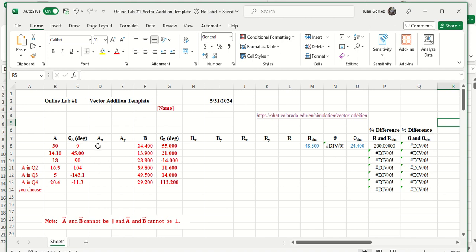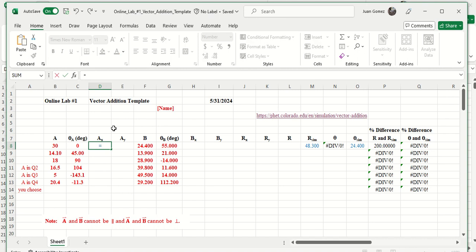But now we need to calculate first AX and AY, then BX and BY, then RX and RY, and then R and theta. So how do we calculate AX? Remember, AX is the magnitude of A times the cosine of theta A. In this column, in that cell, you type in equals. Remember, we have to think in terms of Excel language.